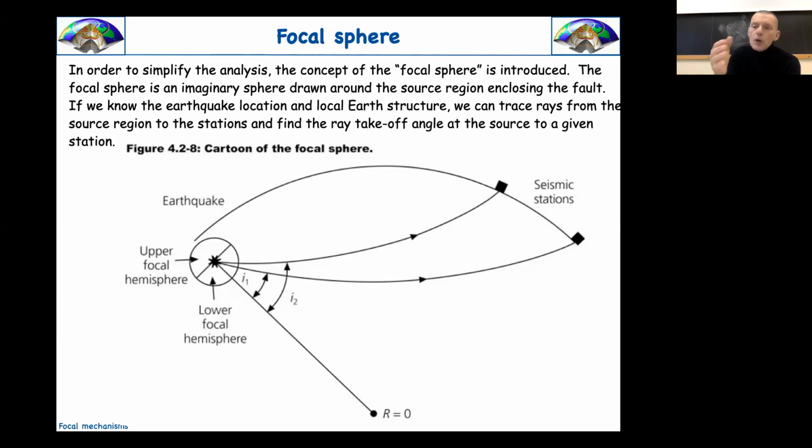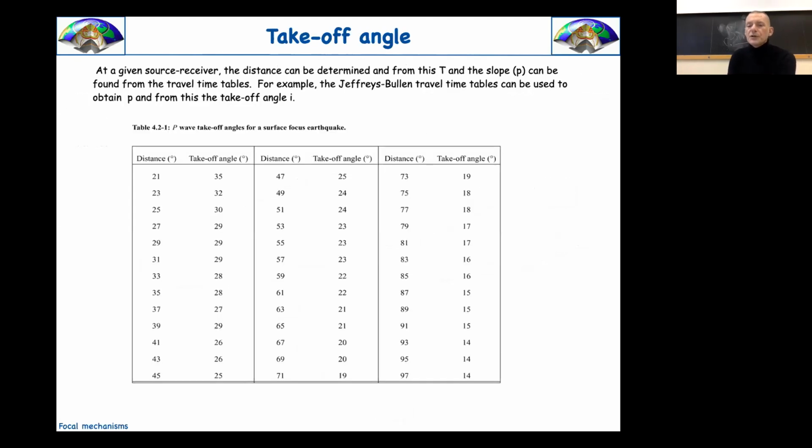For far distances, we can use a sort of a global model, and we can do that inversion. But please remember that also in this case, some uncertainties can come from this assumption. But if we know the distance, and if we know the structure of the Earth, we can use these tables here. These are a piece of, let's say, all the tables. They are called the Jeffreys-Bullen travel times.